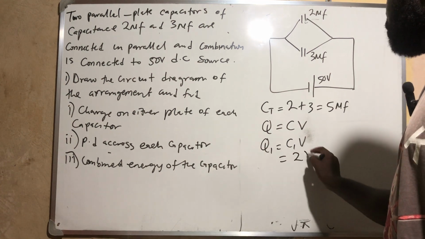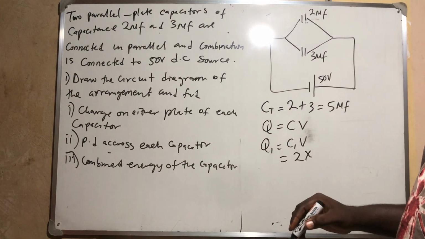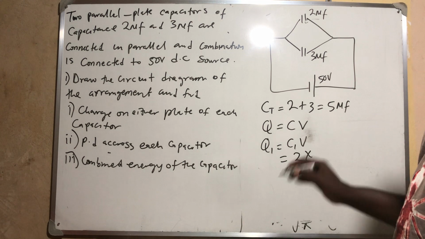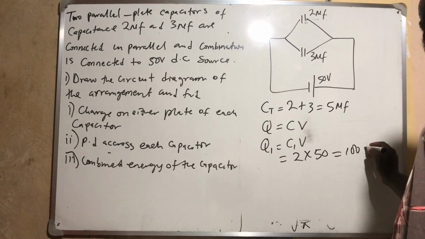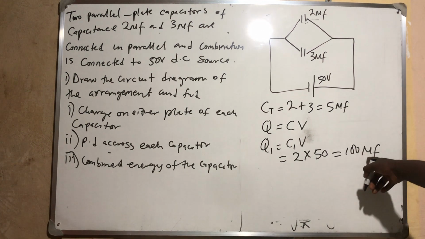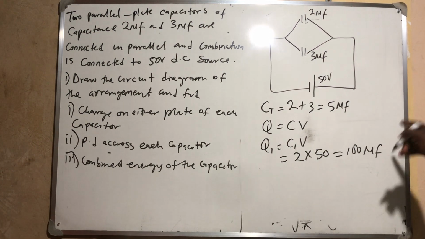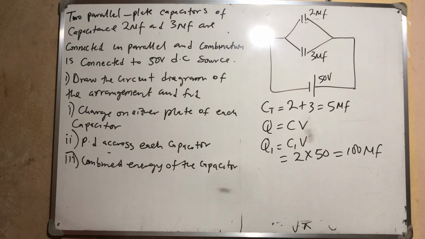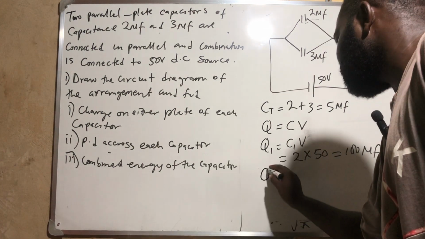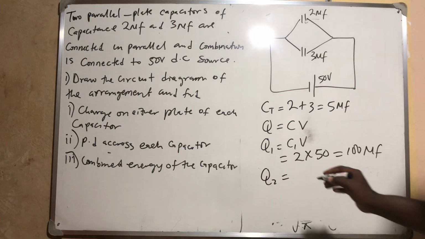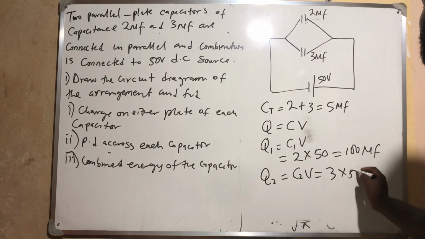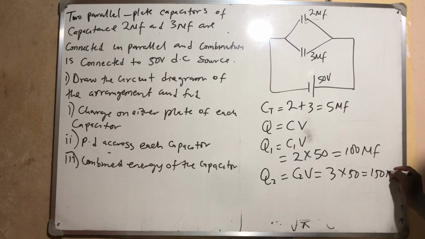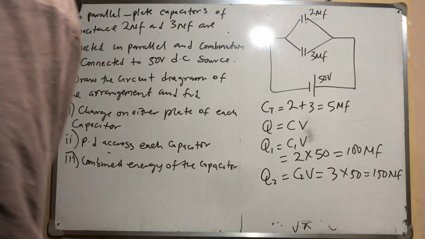My C1 is 2 times my V, 2 times 50, which will give you 100 mu coulomb, because I'm still using this mu. Or you say 100 times 10 raised to power minus 6. Don't forget. So for the second charge, Q2 is equal to C2V, which is 3 times 50, which is 150 mu coulomb. All right. That is my Q1 and Q2.